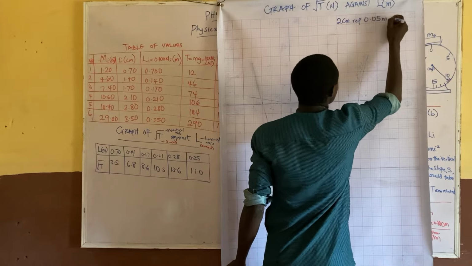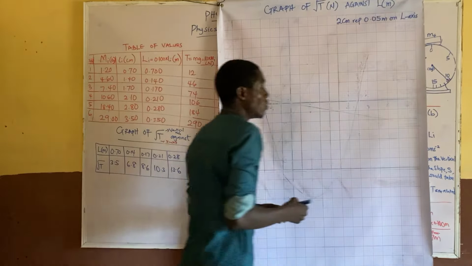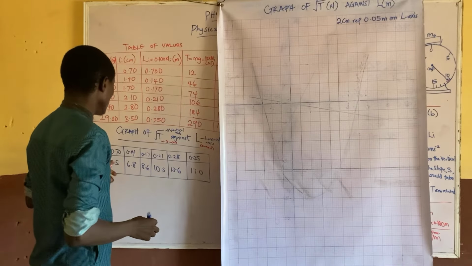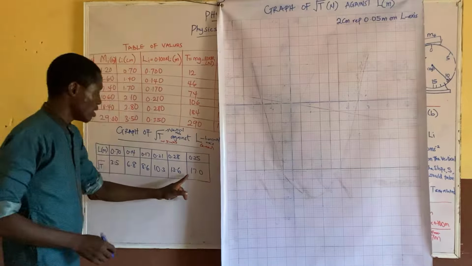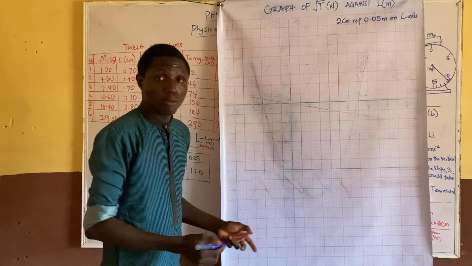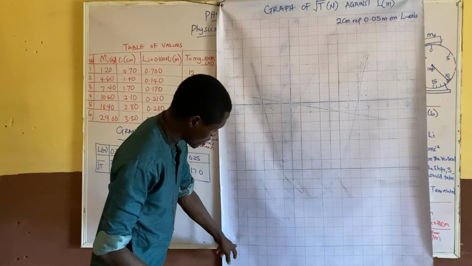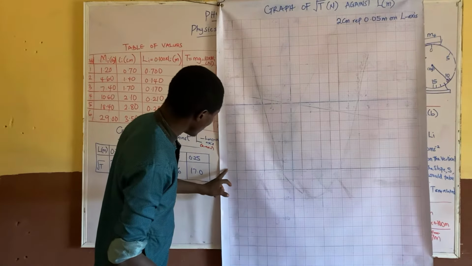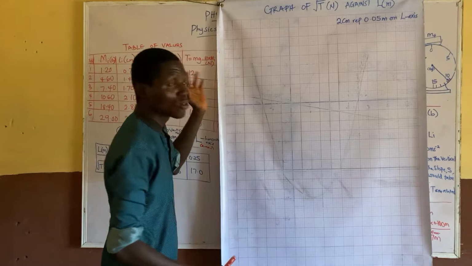On L axis. The next thing now is to choose a scale for this. The highest value here is 17. If I use 2 centimeter to represent units, will I be able to get to 17? I'm going to leave a little space. If I start from here, 1, 2, 3, 4, 5, 6, 7, 8. 8 times 2 will give me 16.